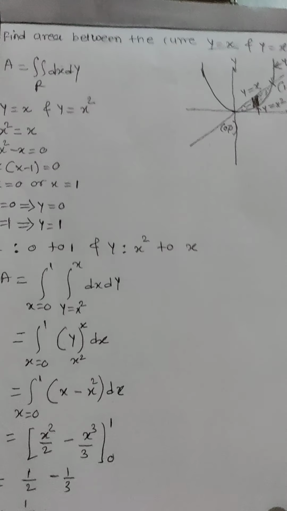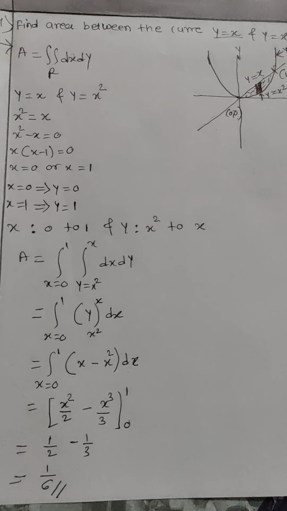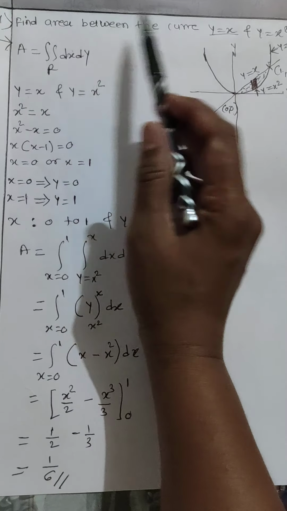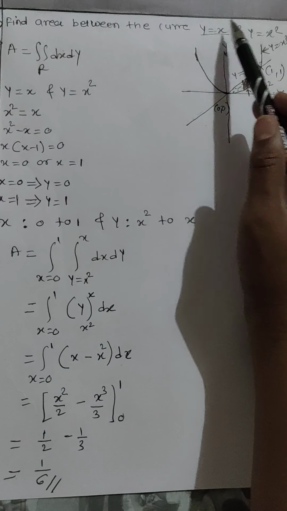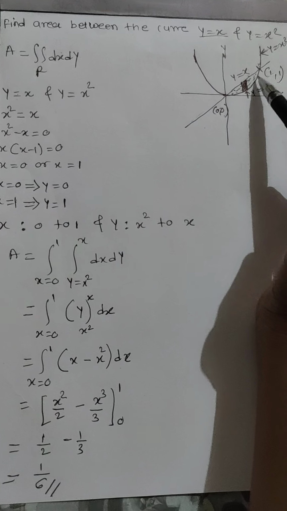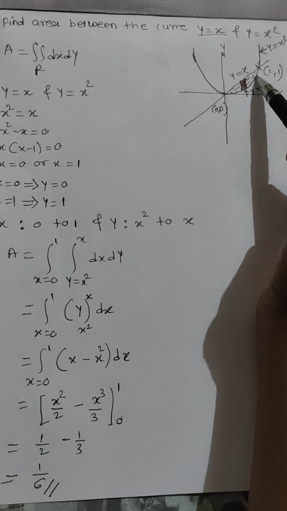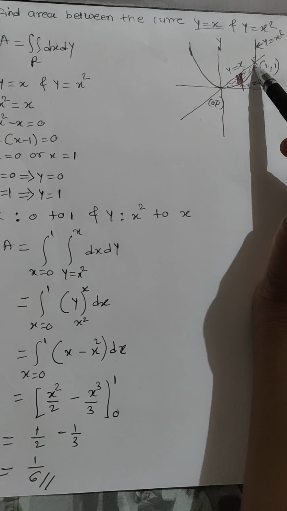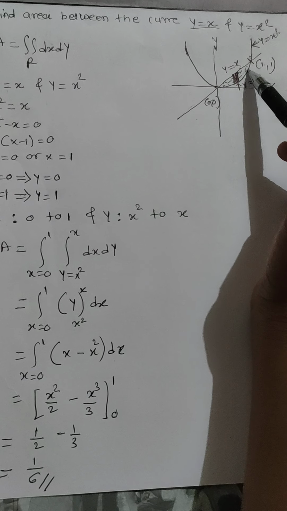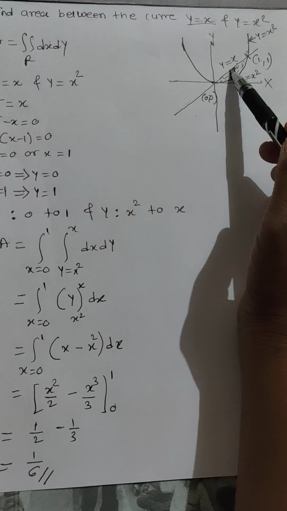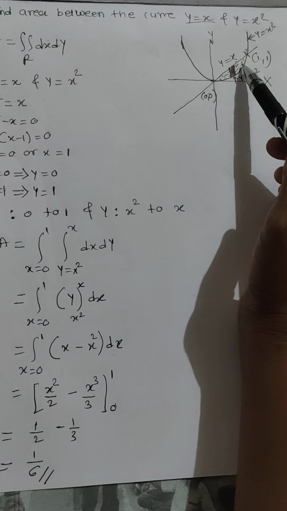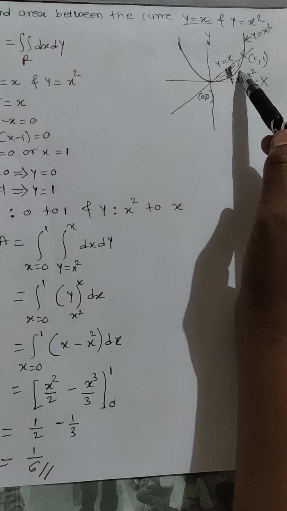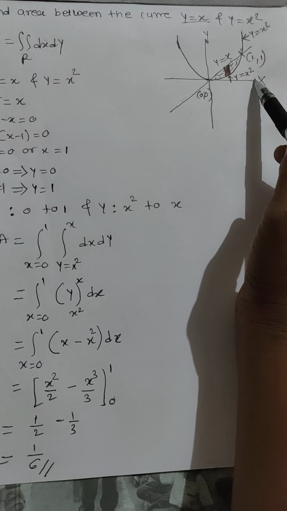Just remember, in Cartesian form, if two equations are given and we have to find the area between the curves, first draw the curves and find the common region. This region is a bounded region, and we have to find its area. We draw either a horizontal strip or a vertical strip. If we draw the horizontal strip, we take the limit points of x in variable form, and if we draw the vertical strip, we take the limit points of y in variable form. One limit is in variable form.